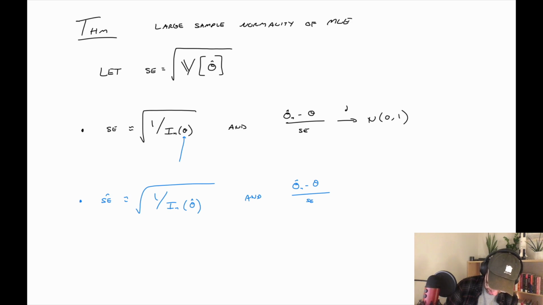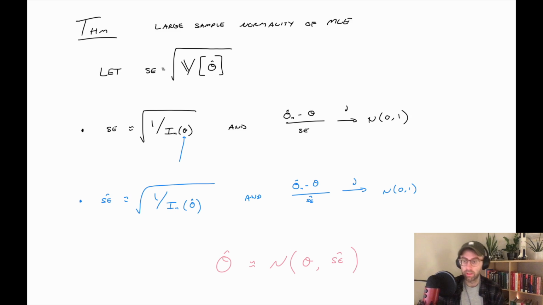Call that SE hat. So all that is to say is that the MLE, sometimes I drop the sub n, is approximately normal with mean the true value of the parameter and the estimated standard error that we calculate. Okay, so that's really useful.